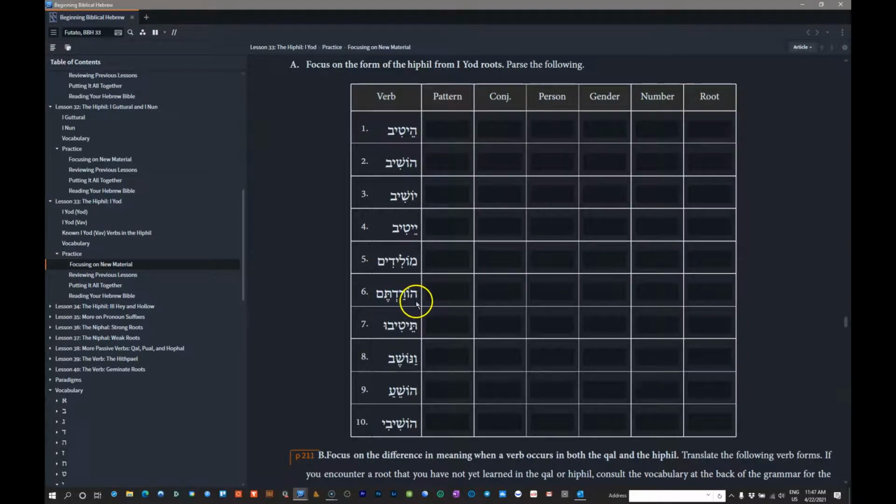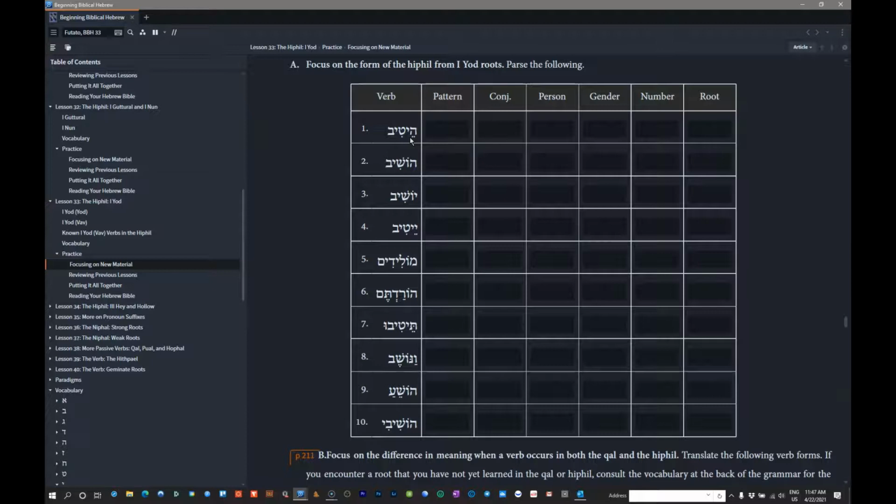All right, so all of these indicate Hiphil. The sere yod indicates that the... what did I want to say about this? The sere yod. There was something I wanted to say about the sere yod, and I can't remember now.